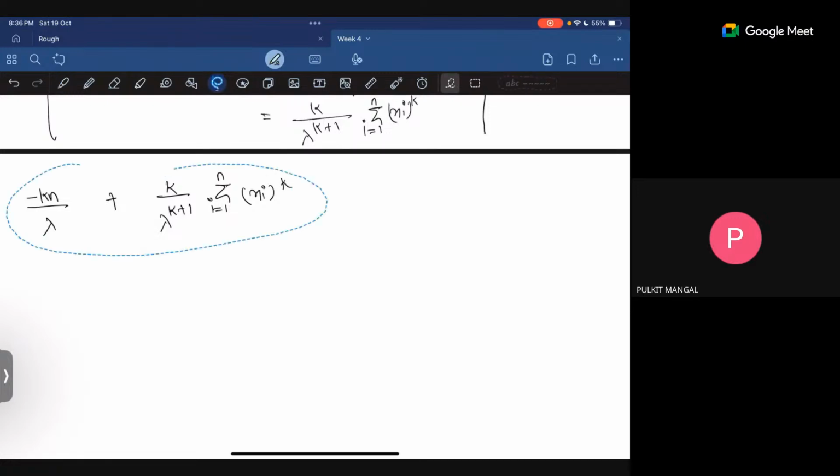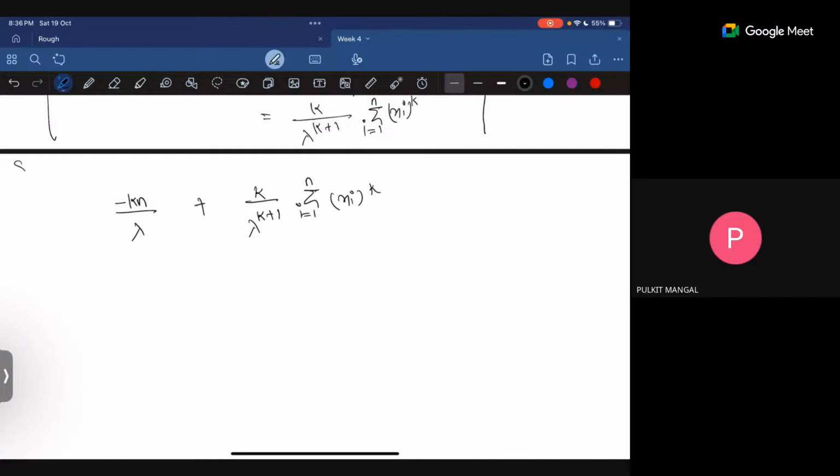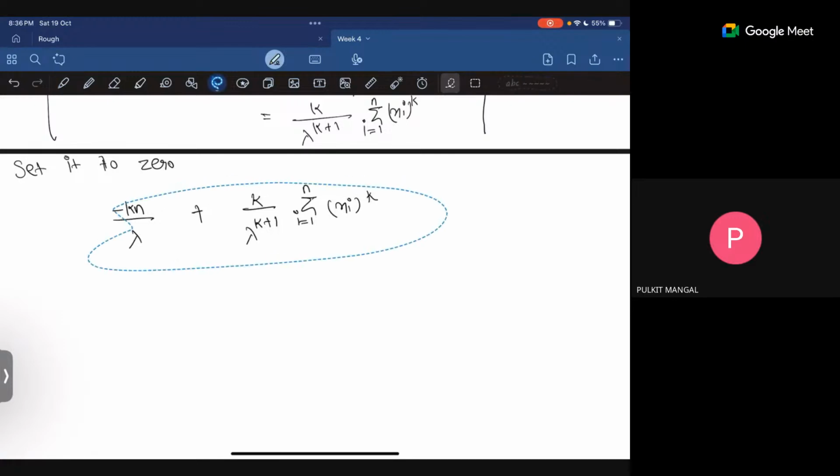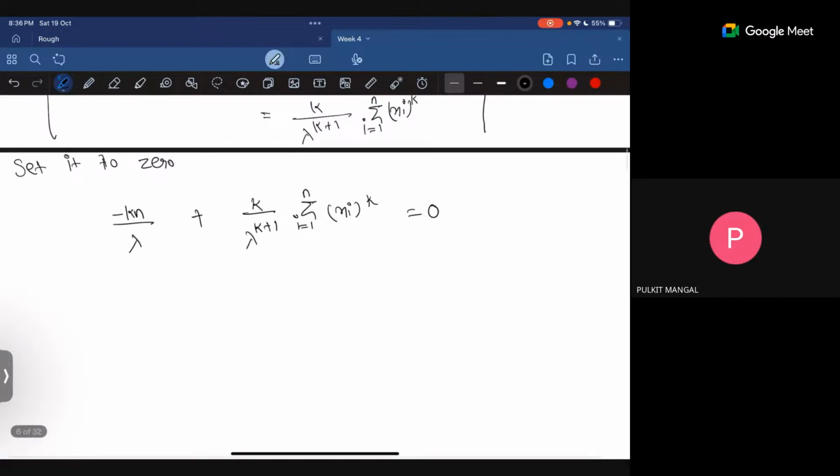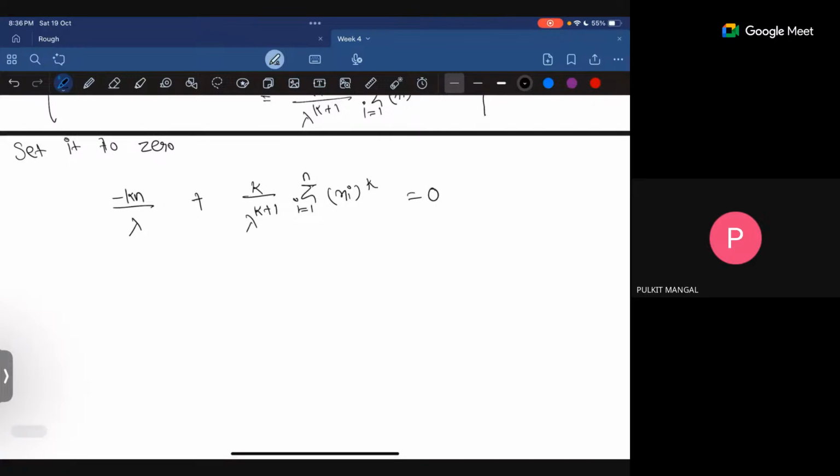Setting the derivative to 0, it would be minus kn by lambda, and maybe we can take k common from here and we'll get minus n by lambda plus 1 upon lambda power k plus 1 summation from i equal to 1 to n xi power k equal to 0.